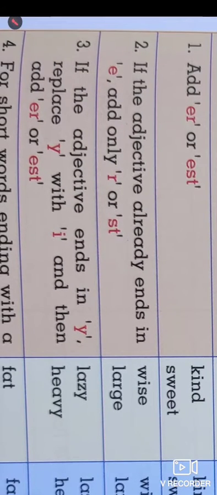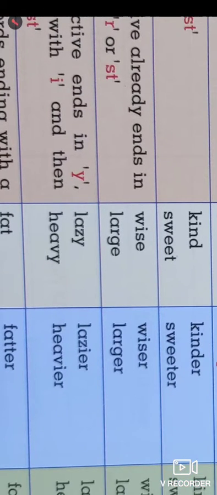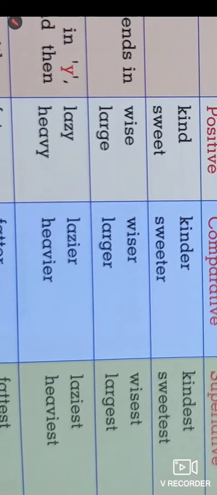Just like er and est, we also have the suffixes r and st. These adjectives get the suffix r and st, that is wise, wiser, wisest.